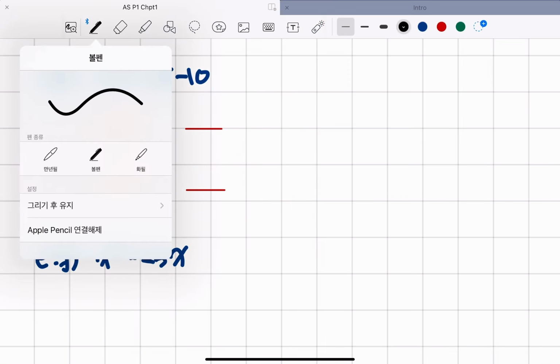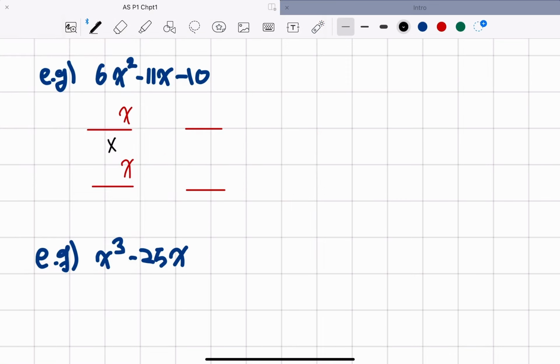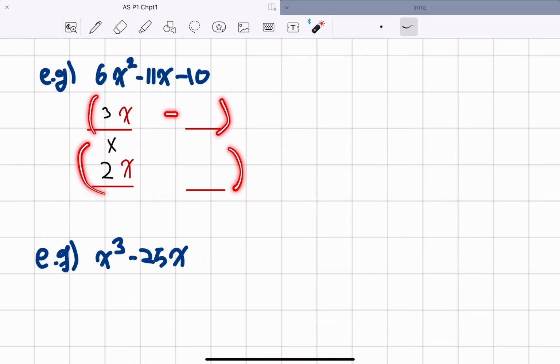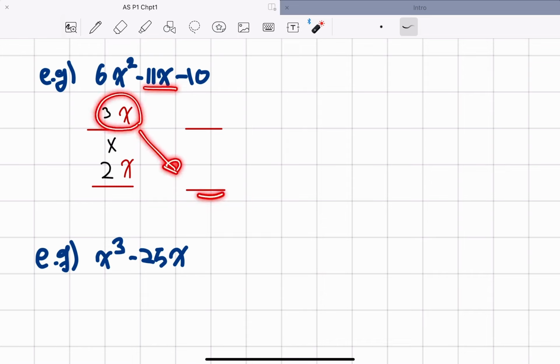So we're going to factorize this one. So let's try with 3x and 2x. And we know that this part is minus, right? That has a negative sign, which means one should be negative, right? So it's 3x, and we know that to get minus 11x we should cross multiply, right?